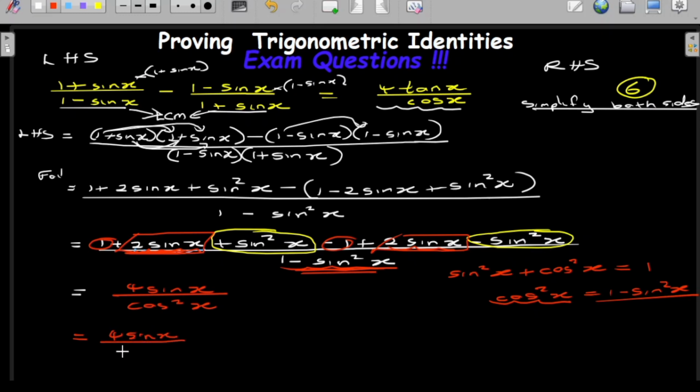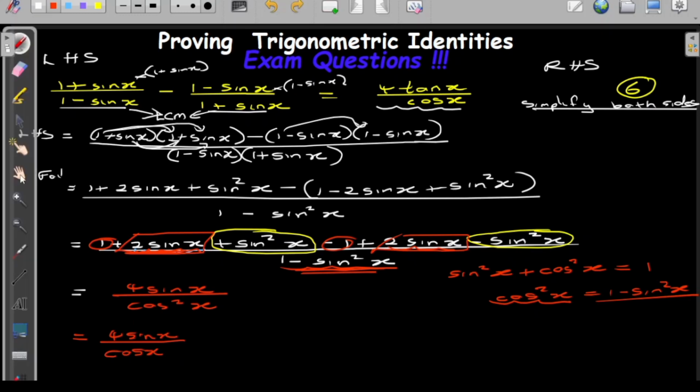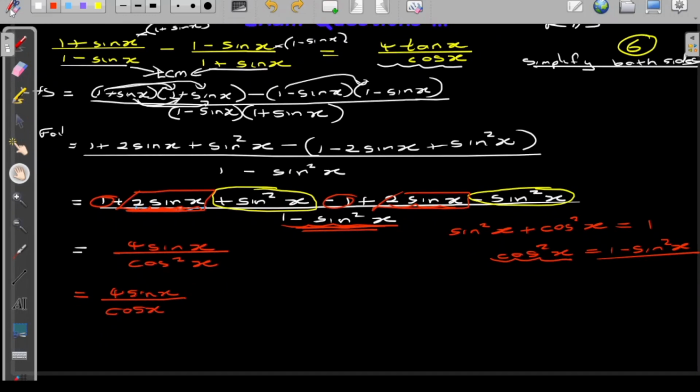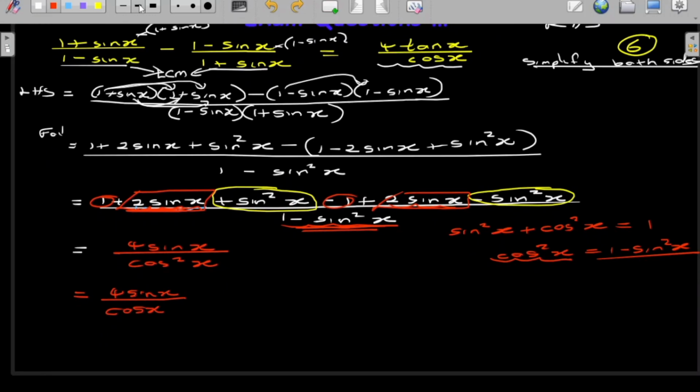Okay, divide that by cos, but I'm going to write this separately. I'm going to say cos x times cos x. Okay, sorry. Let me see if I can just shift for space. So what I'm going to have now is times cos x, like that.